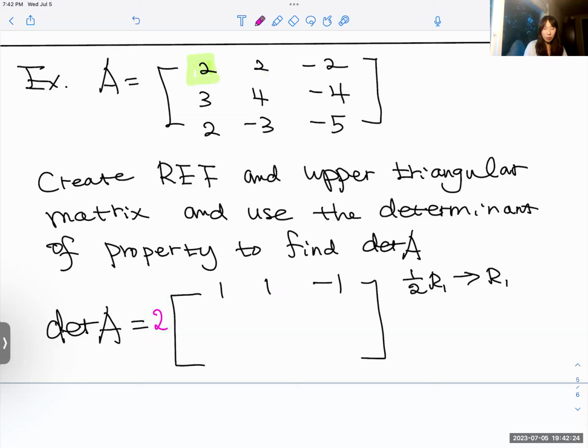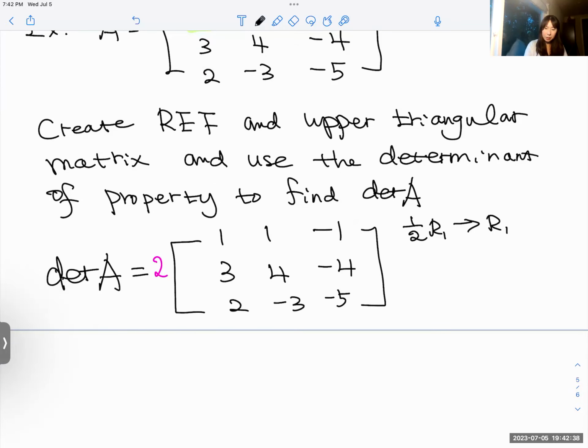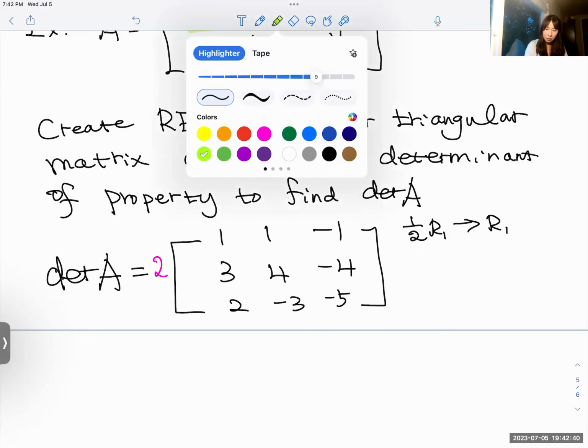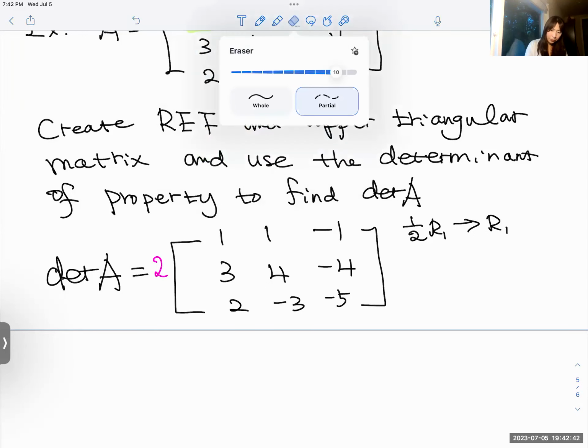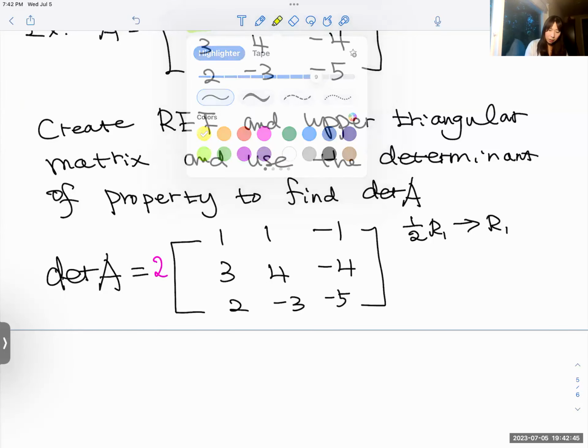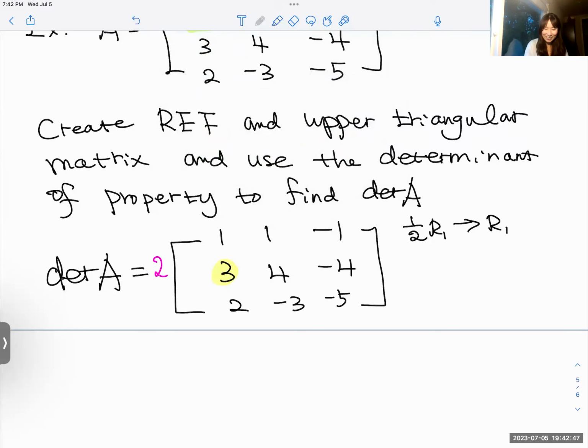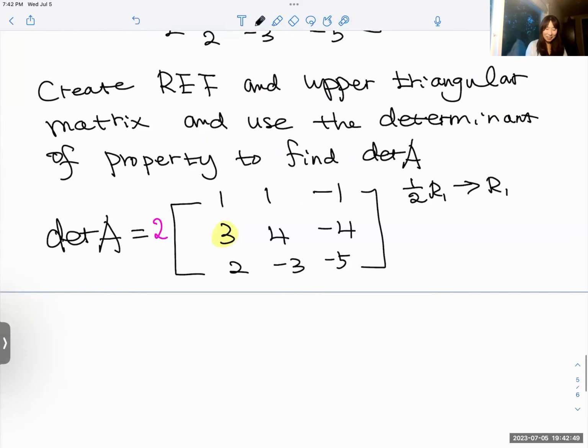Okay, now we have 3, 4, -4, 2, -3, -5. We want to make a 0 here. Multiply row 1 by -3 and add: -3 R1 plus R2 to get R2, right?